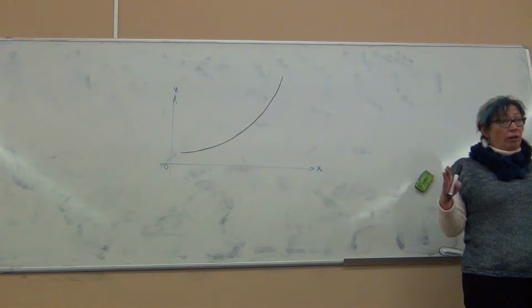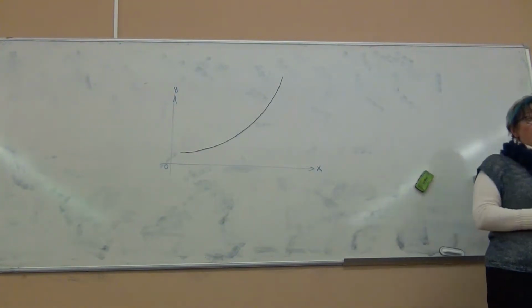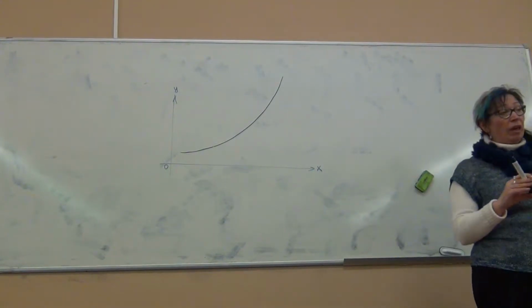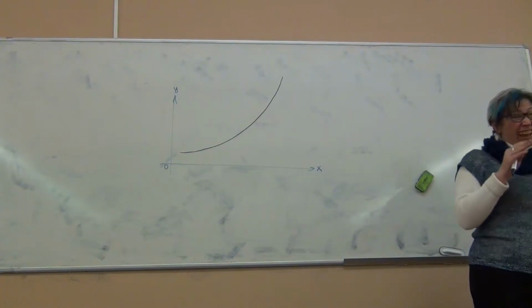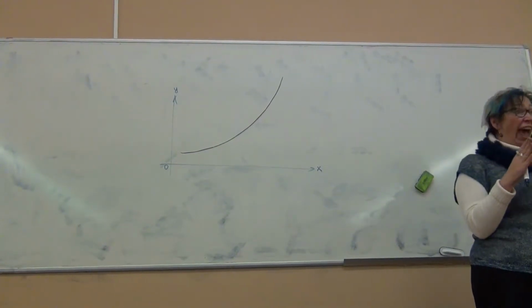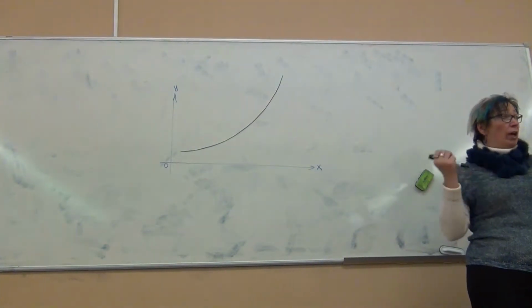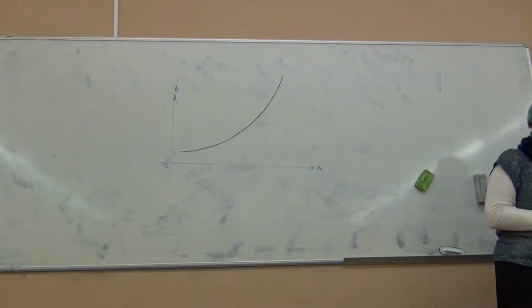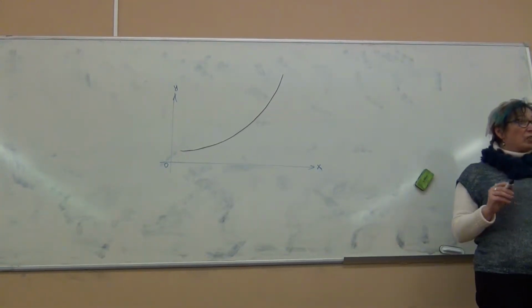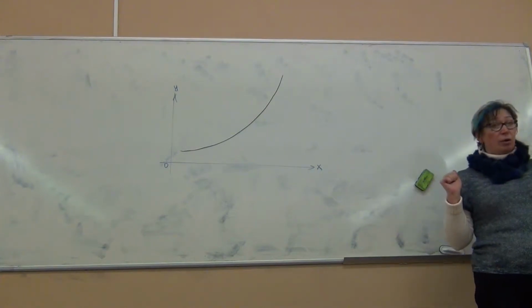Because if I travel 100 kilometers in 1 hour, I would say, all right, my average speed was 100 kilometers per hour. It doesn't mean that at any given moment I was traveling at exactly 100 kilometers per hour. Sometimes I might be exceeding the speed, and sometimes I might be moving slowly. So it's not the instantaneous speed, it's the average speed. To find the instantaneous speed, we should do what?